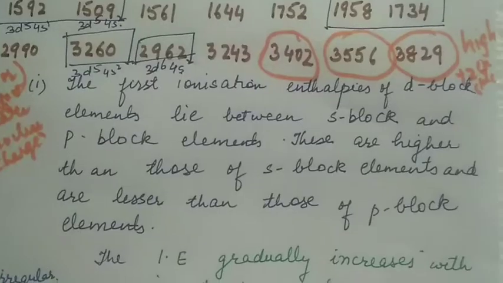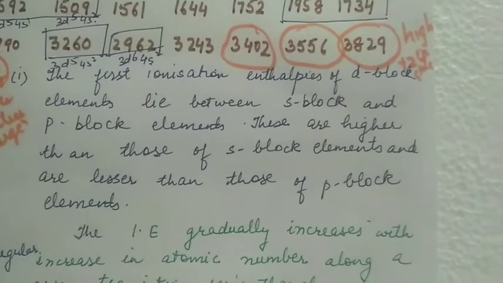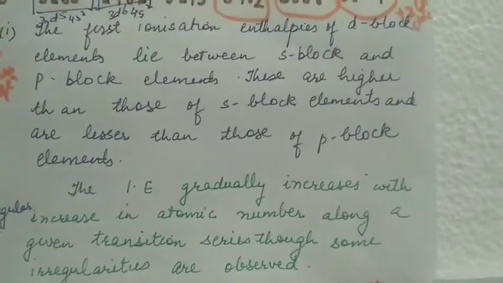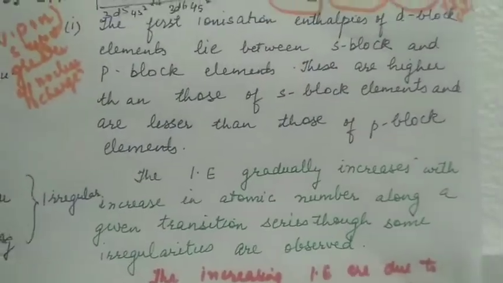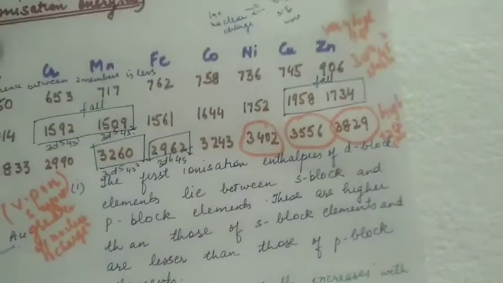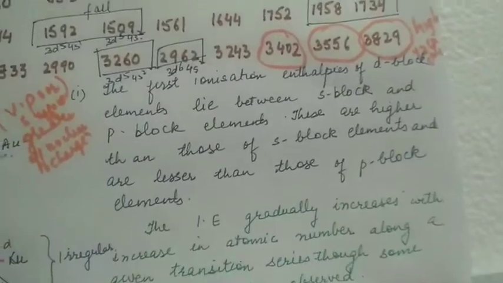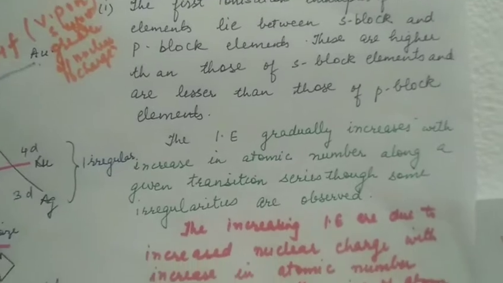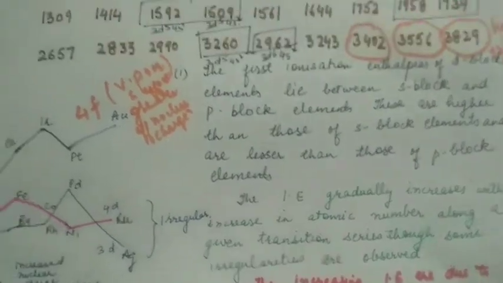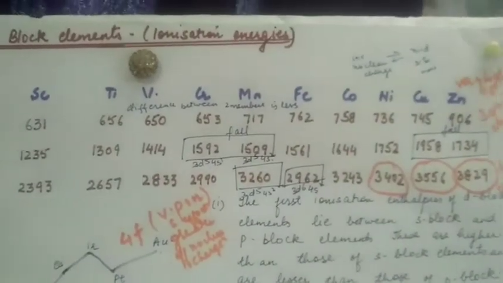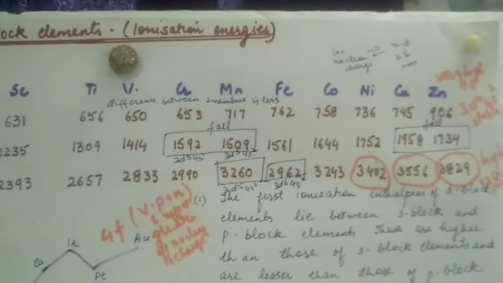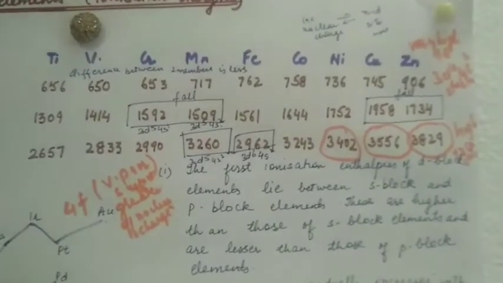So the first ionization enthalpies of d block elements lie between s block and p block elements. They are higher than those of s block elements and lesser than those of p block elements. The ionization enthalpy generally increases as we move along the period from left to right.